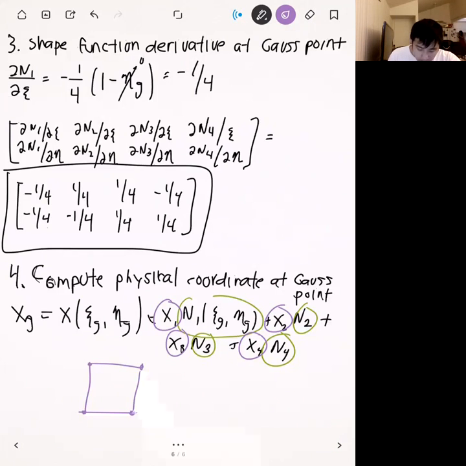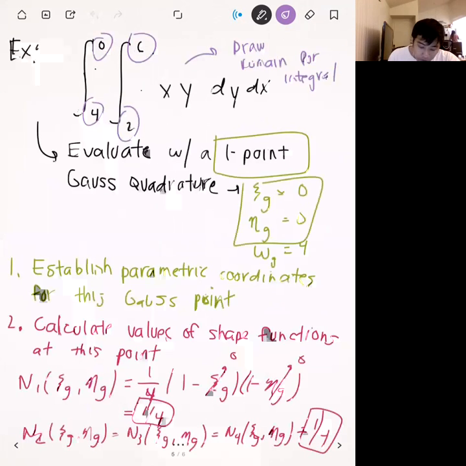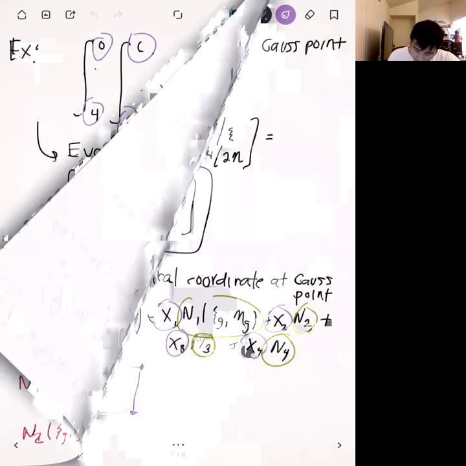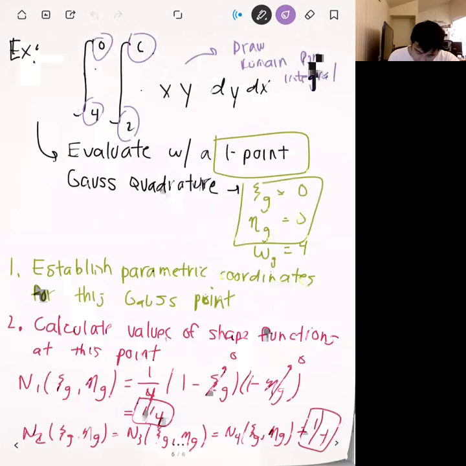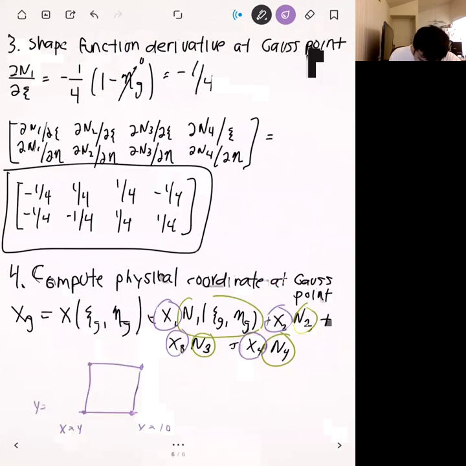The x coordinate goes from 4 to 10, so this side is x equal to 4, and this side is x equal to 10. Our y coordinate goes from 2 to 6, so down here is y equal to 2, and up here is y equal to 6.